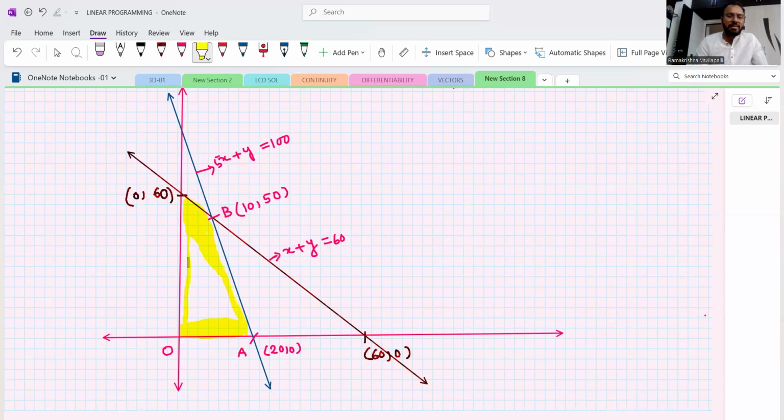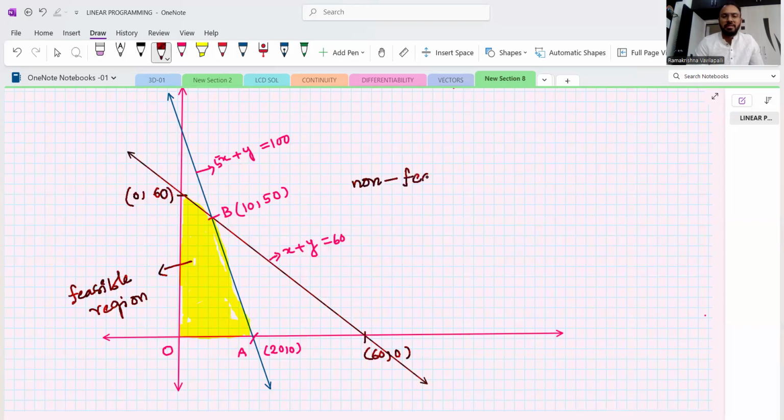And it is convex. Remember, this is a convex polygon. In general, we will get a convex polygon. So this is a feasible region. Outside that feasible region is called the non-feasible region.